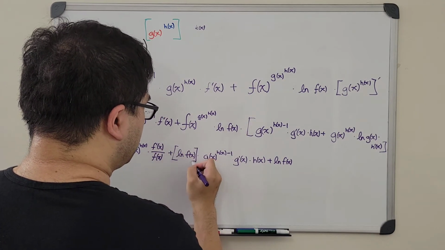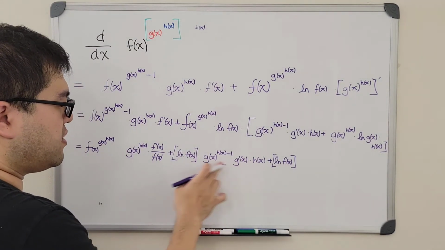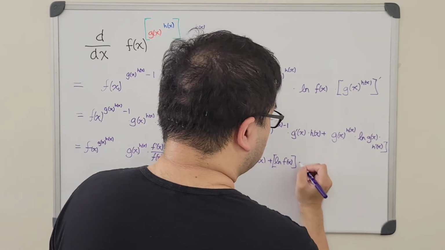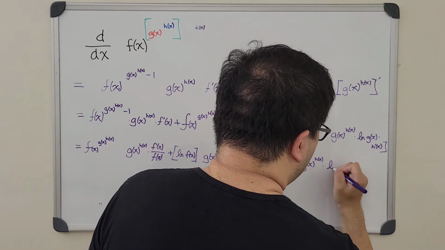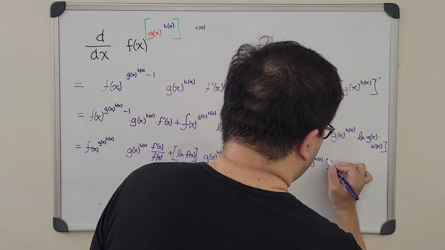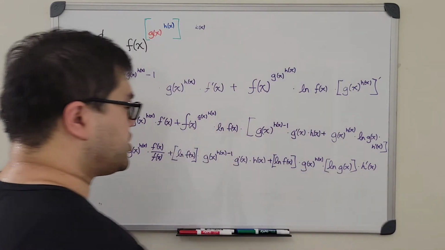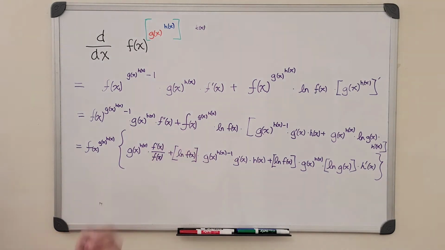And I know this notation is actually not clear, so I'll put brackets in it so that we're not going to multiply everything else with the f of x before we take the natural log. So we have the natural log of f of x times, again, g of x to h of x power times ln of g of x. Okay, again, I'm going to put the brackets here, times the first derivative of h of x, which is h prime of x. And at the end, we're going to put the curly brackets in it.